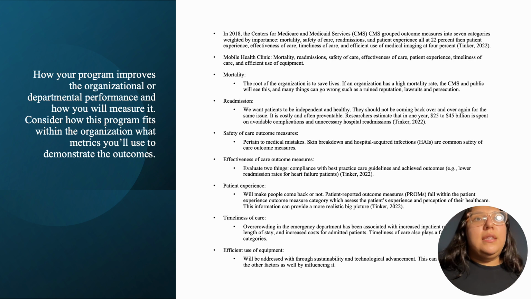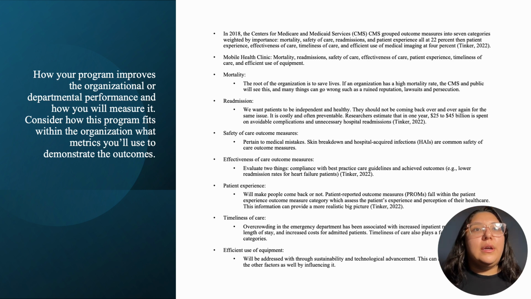In 2018, the Centers for Medicare and Medicaid Services grouped outcome measures into 7 categories, which were mortality, safety of care, readmission, and patient experience. And 22%, then patient experience, effectiveness of care, timeliness of care, and efficient use of medical imaging at 4%.